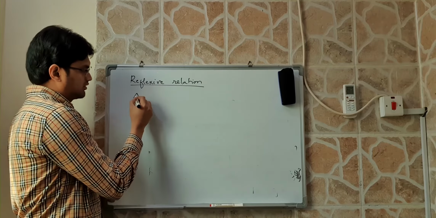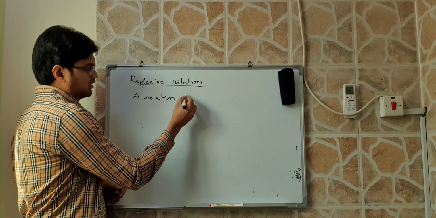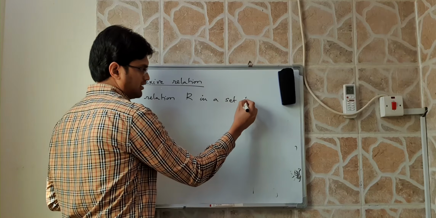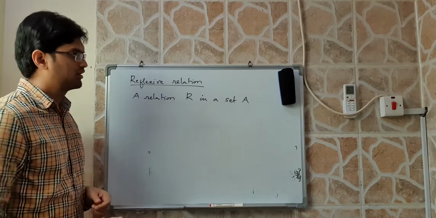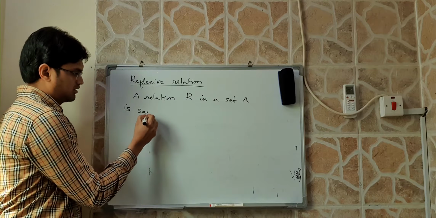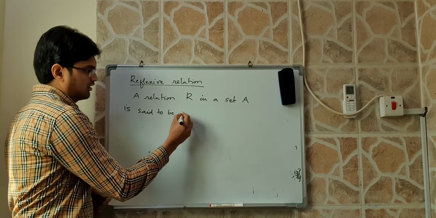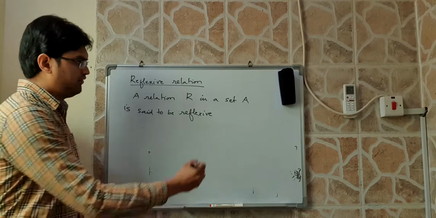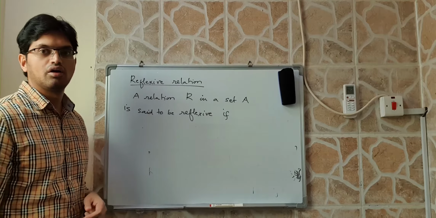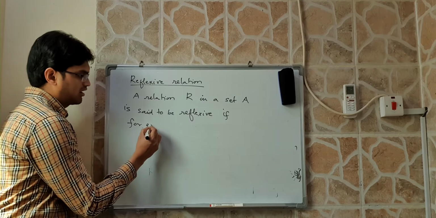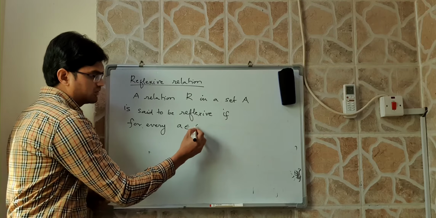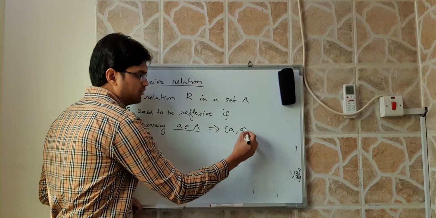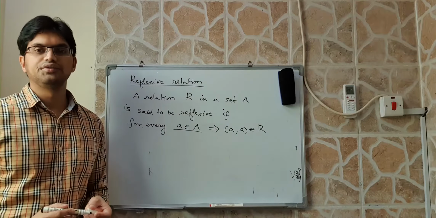A relation R in a set A is said to be reflexive if for every a belongs to A implies (a, a) belongs to R. This is the definition.